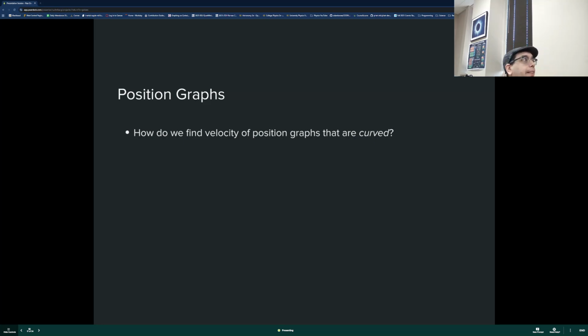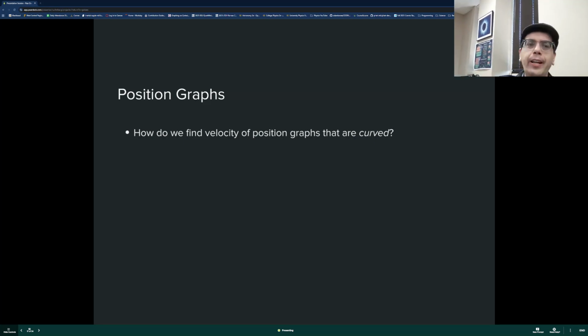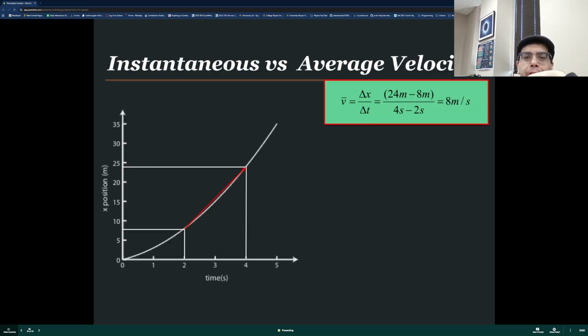So to get there, we're going to start with position graphs that are curved and see what that would mean for the velocity graph. So we're going in what I think of as the forward direction, from position to velocity. And then we'll talk about going back the other way. This is definitely not calculus, so don't even worry about it.